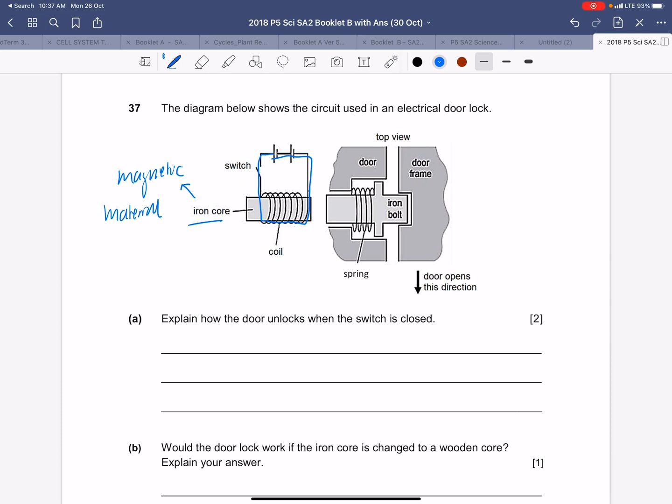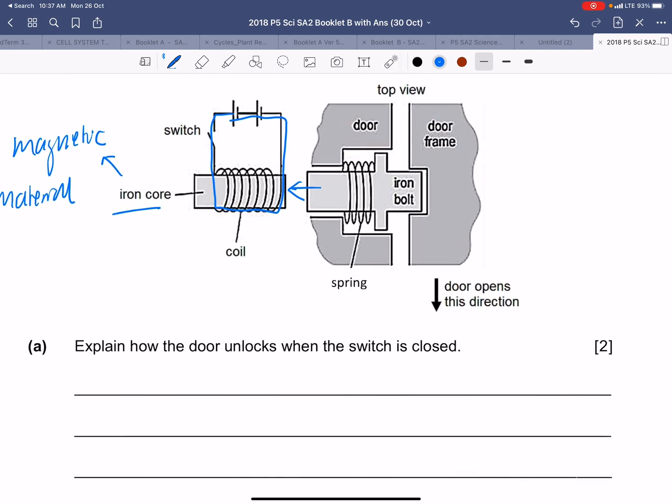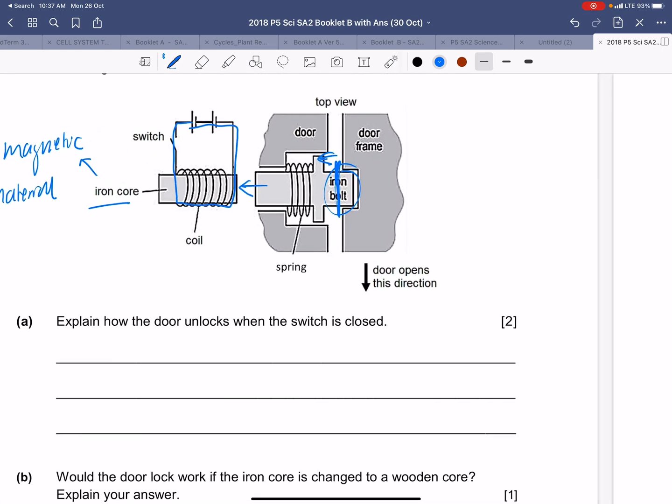So you know that this will become a magnet, and it should attract your iron bolt in this direction. When it attracts it, this part will move over here, unlocking your door, because this part is no longer in existence. It will not obstruct you from opening your door. I hope you get the rough idea.